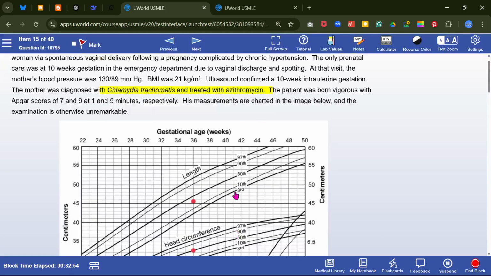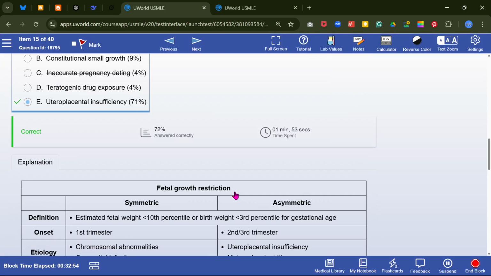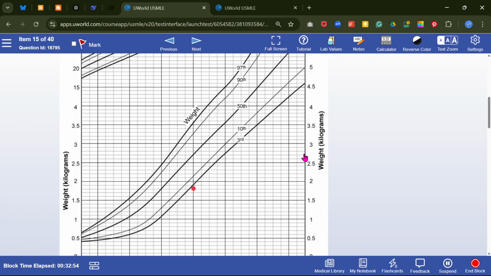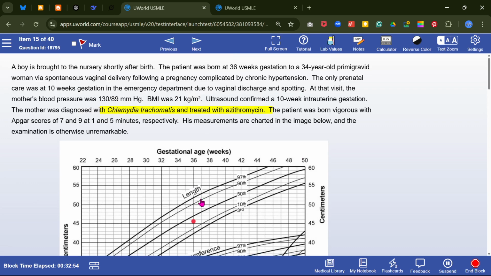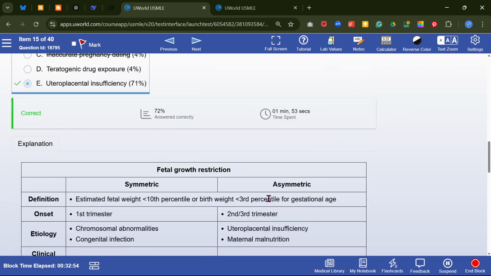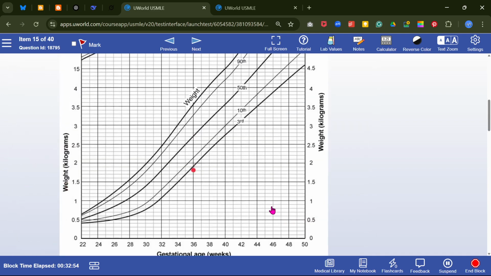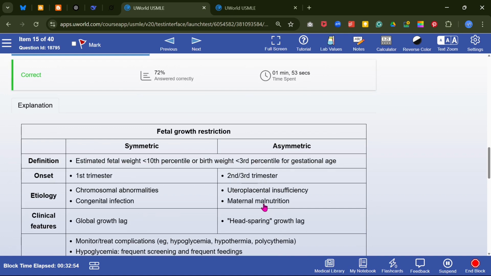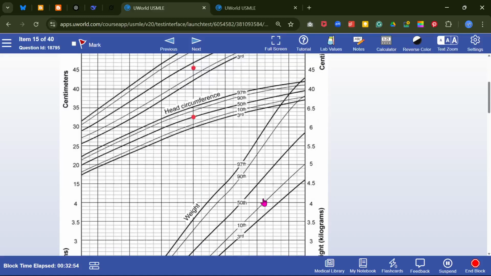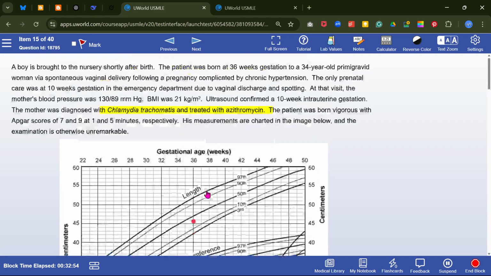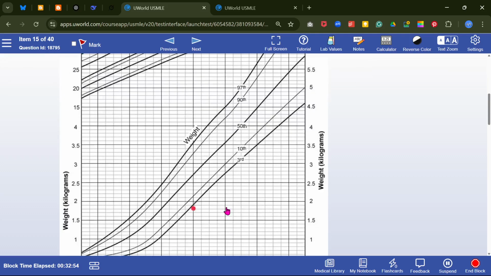So, hypertension, uteroplacental insufficiency regarding hypertension, isn't it? Birth less than.